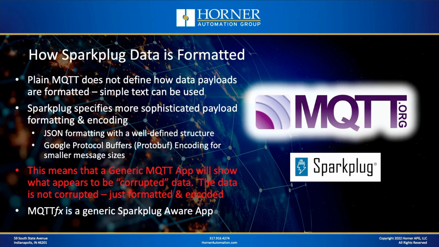And when you use this generic MQTT app, maybe for test purposes, if it's not Sparkplug aware, in other words, it's not aware of the JSON formatting and it's not aware of the protobuf encoding, then you can see the payload of the MQTT Sparkplug message that you subscribe to, but it looks like gobbledygook. It looks like maybe it's been corrupted or something. But it hasn't. It's just encoded and formatted.